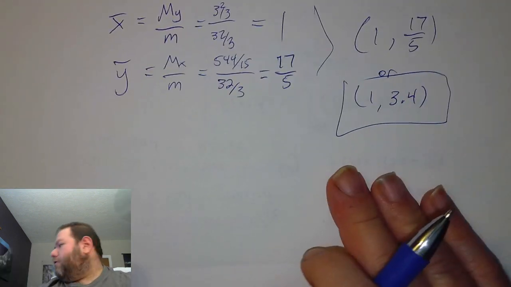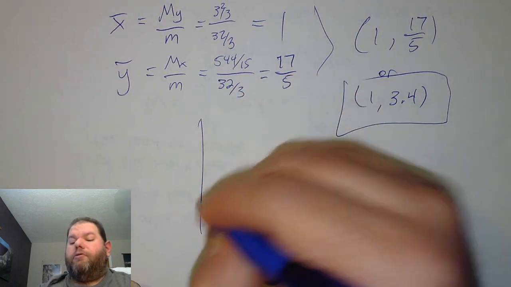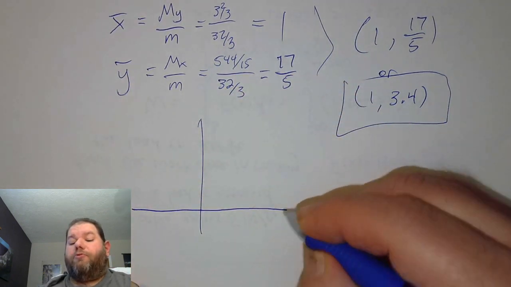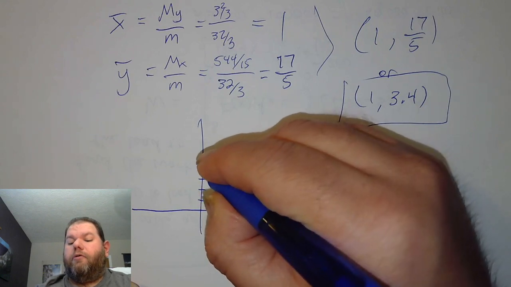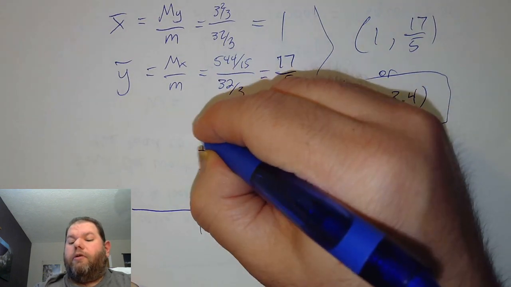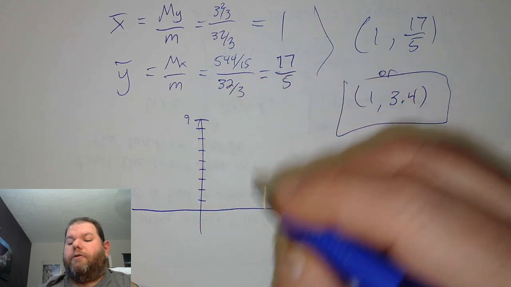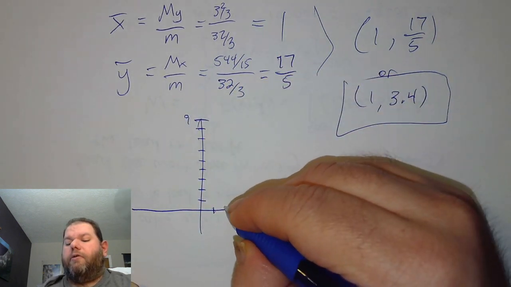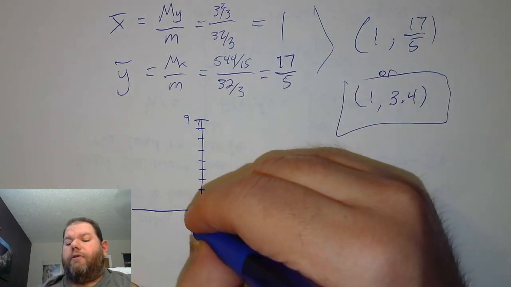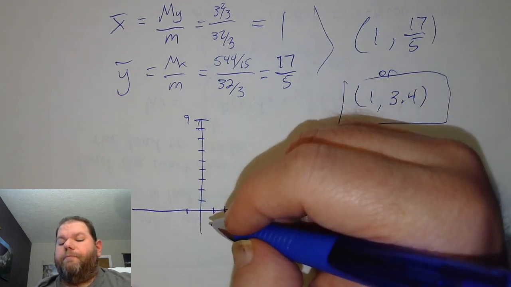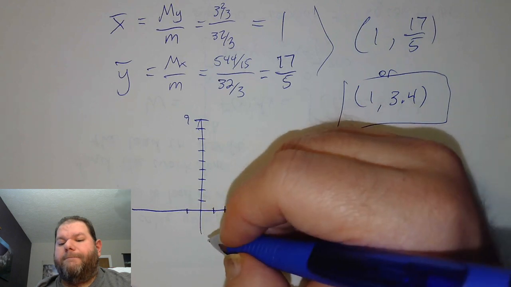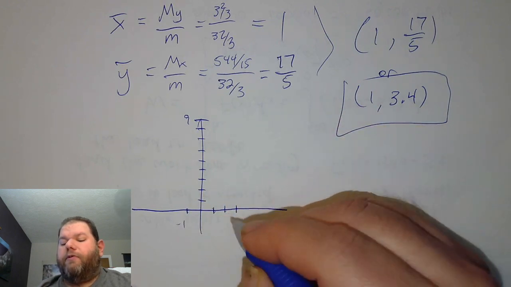So let me just do a little bit more appropriate graph. Go up to 9 there, and then 3 to the right, and 1 to the left. There's -1, there's 3.